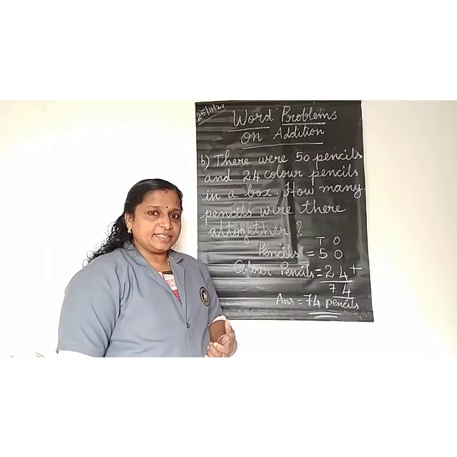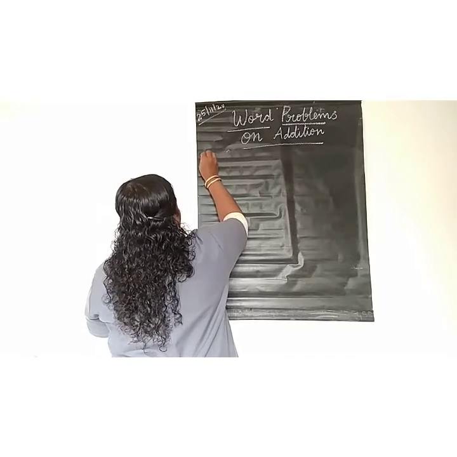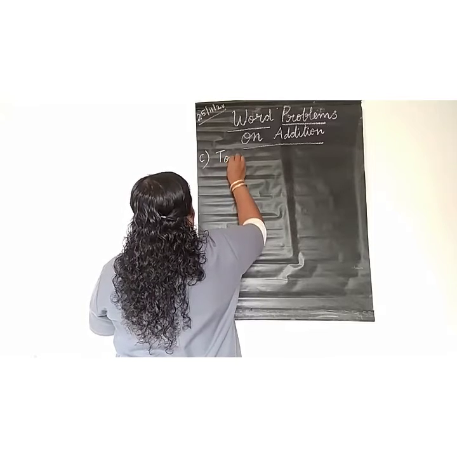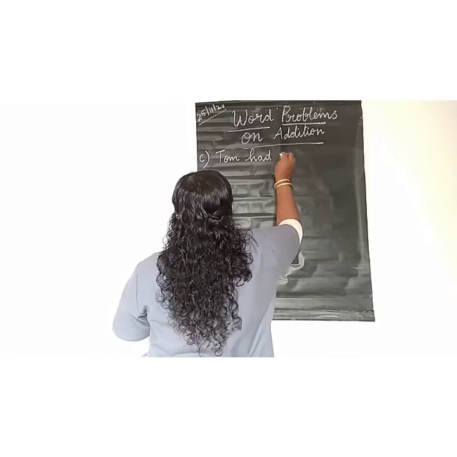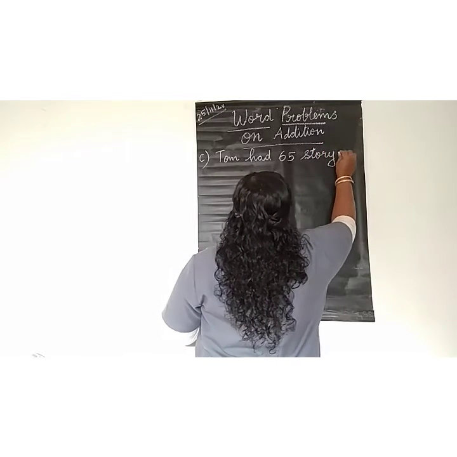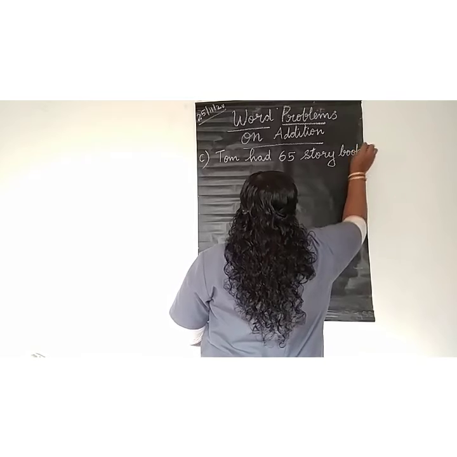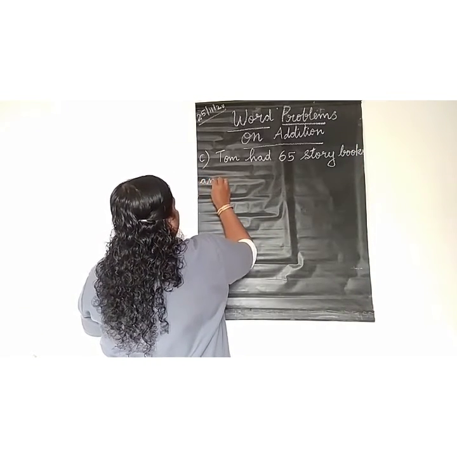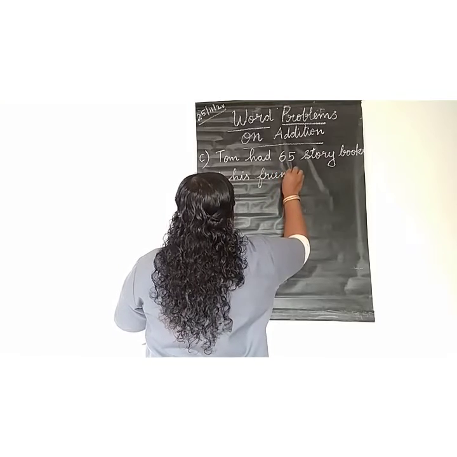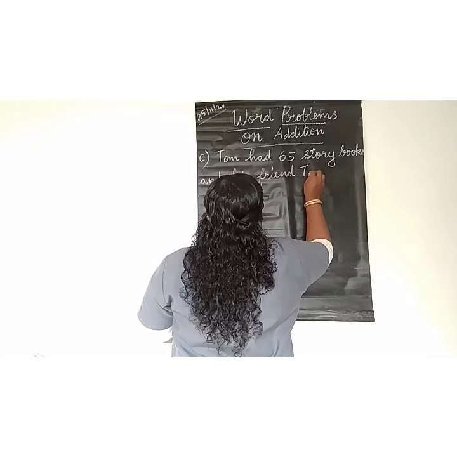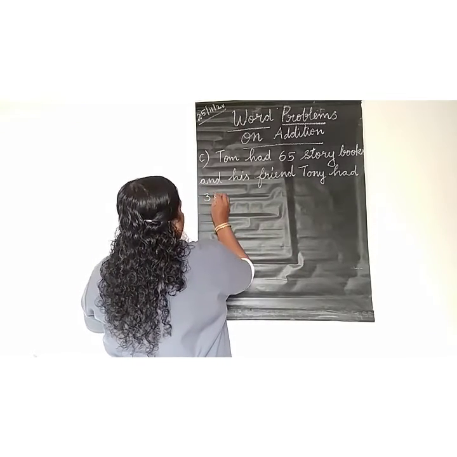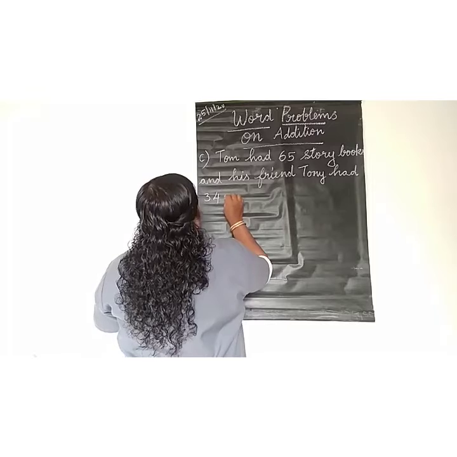Now we are going to do one more sum in the addition. Shall we do? Ready? Tom had 65 storybooks, and his friend Tony had 34 storybooks.